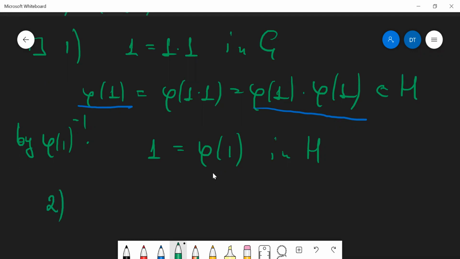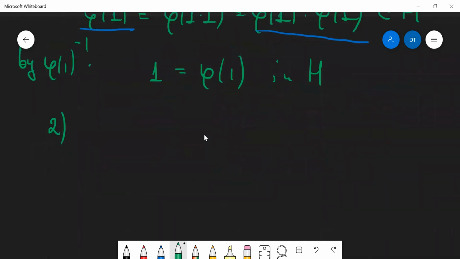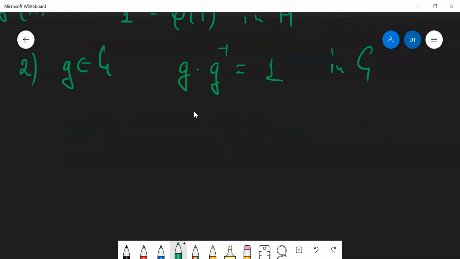The second one, we want to show that phi preserves the inverse element. So let's take an arbitrary element G from G capital. And we know that G times G inverse equals 1 in the group G. Let me apply phi to this equality.